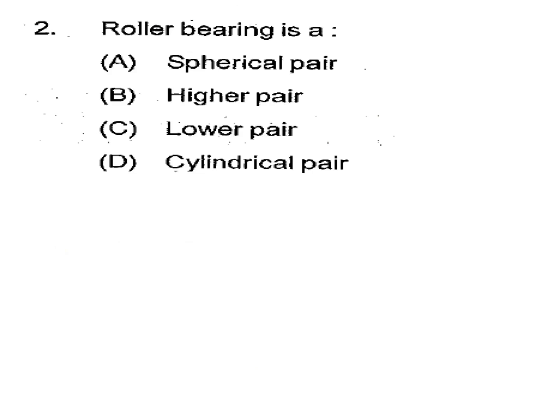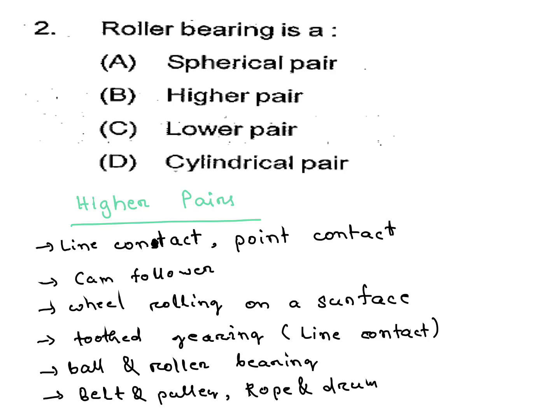Then the next question: a roller bearing is an option A, spherical pair, B, higher pair, C, lower pair, D, cylindrical pair. First I will tell about higher pairs and lower pairs, then we will answer this. For higher pairs there exists line contact or point contact between them.